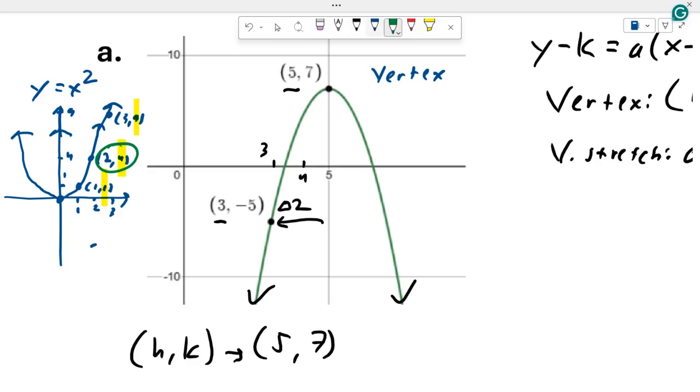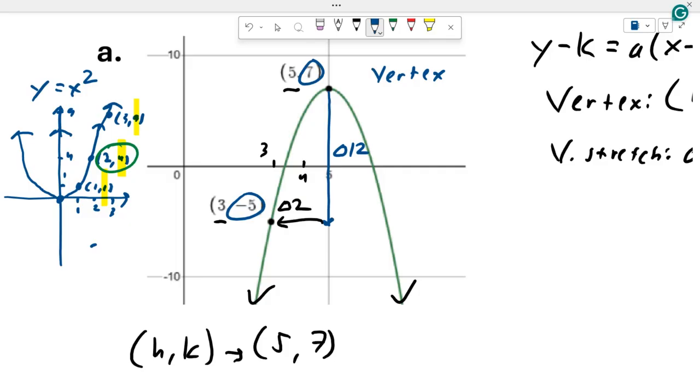But in this case, my y value was 7 at the vertex, and it changed all the way down to -5. So what's the change in y? How much did y change going from 7 to -5? Well, 7 and -5 are 12 units apart.